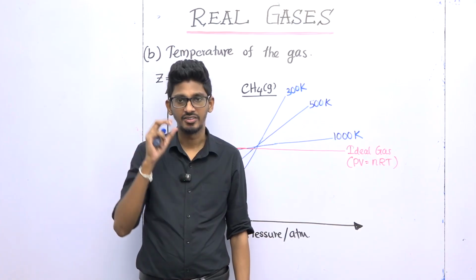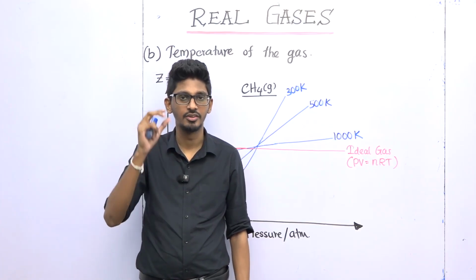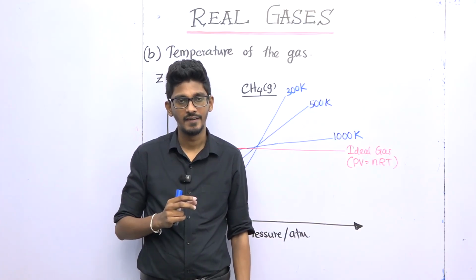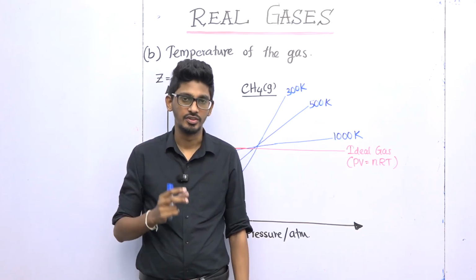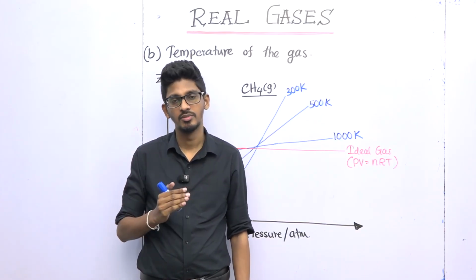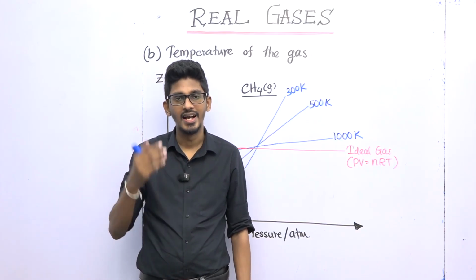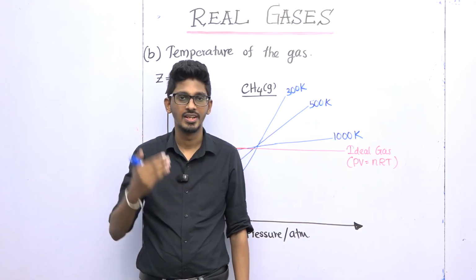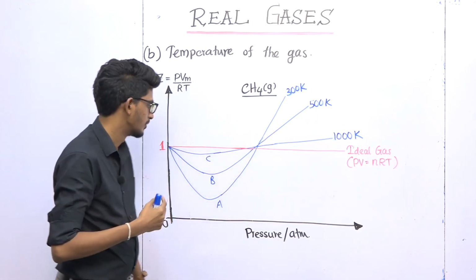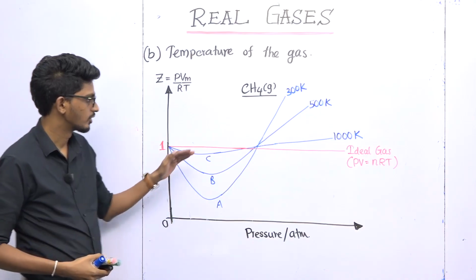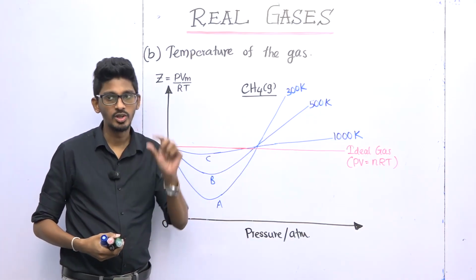That means attraction forces as well as repulsion forces will decrease, as there is very little interaction time for molecules to interact. So your curve should appear very close to the ideal line then.